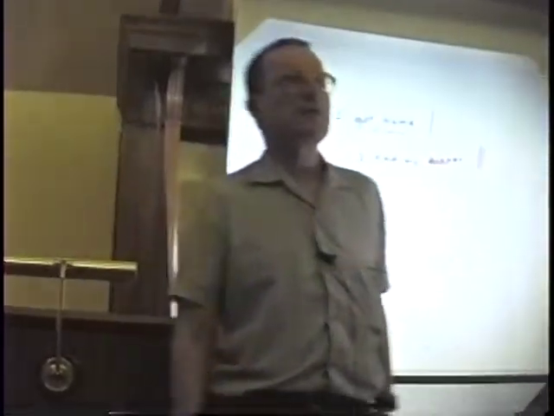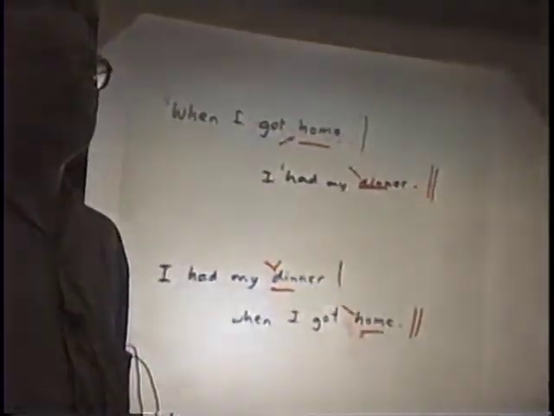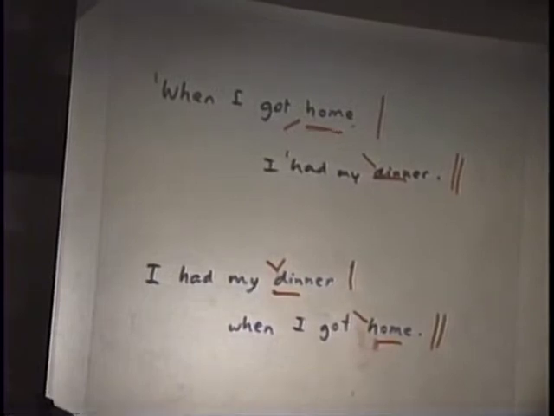Let's just look at an example of that. Supposing we got a construction involving a subordinate clause and a main clause. The usual thing in English is to have the subordinate clause first, and then the main clause. When I got home, I had my dinner. When I got home, I had my dinner.